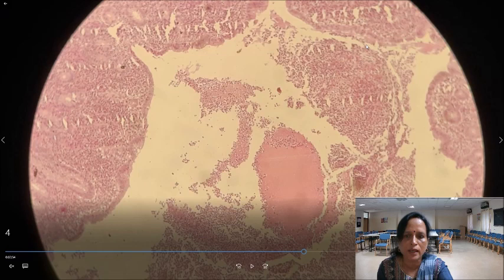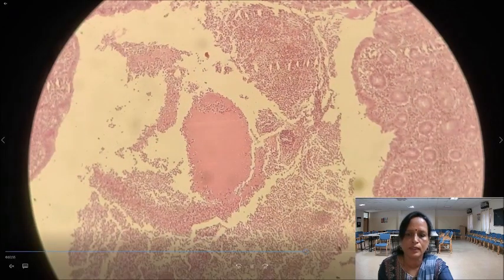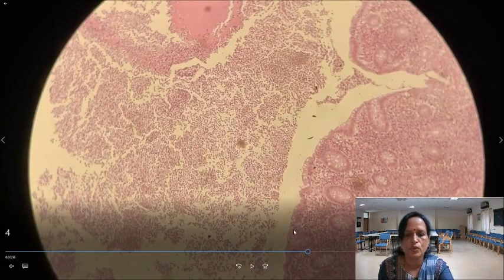See, if we continue this columnar cells, maybe focally it is lost. So all this is the exudate that is seen in the lumen. Yeah. So mucosa.